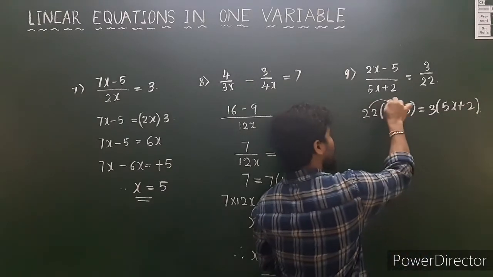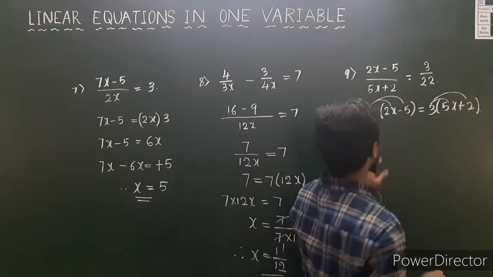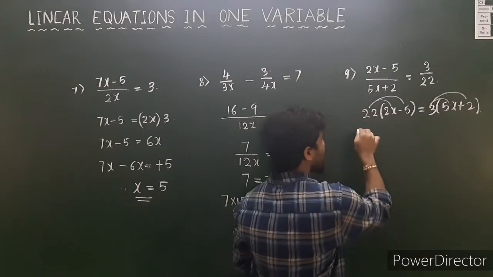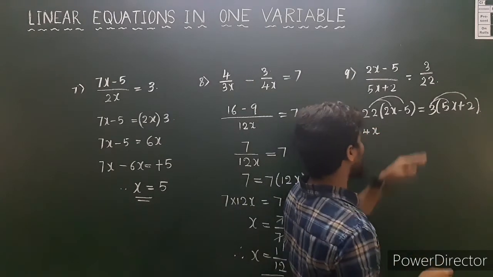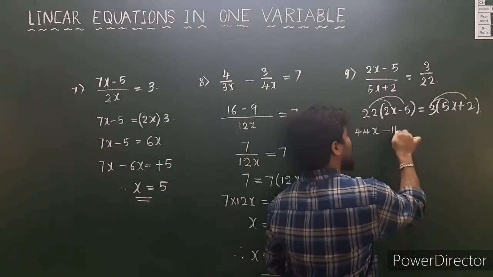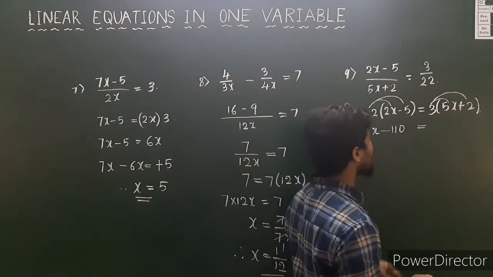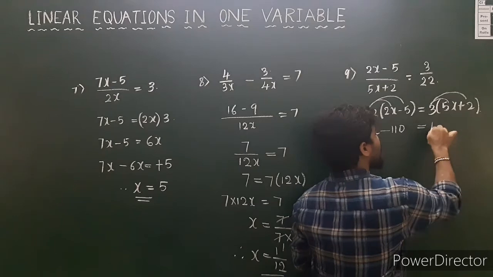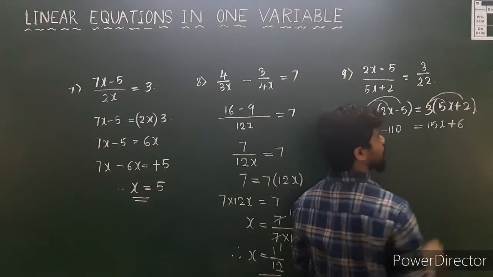So first to second. 22 into 2 you get 44x. So 22 into 5 you get minus 110. 3 5s are 15x. 3 2s are 6.